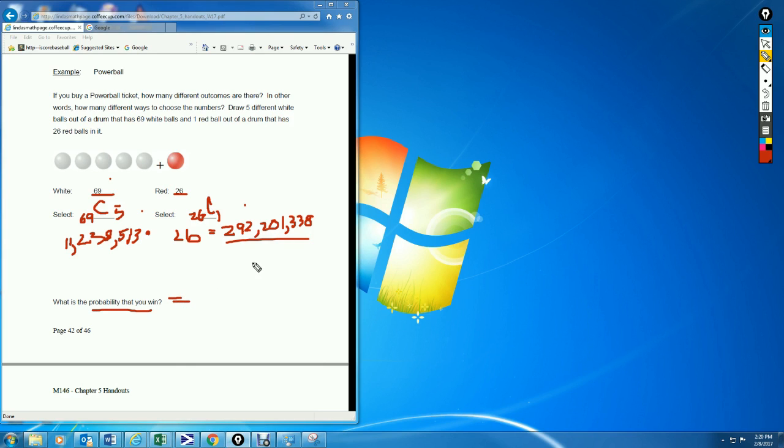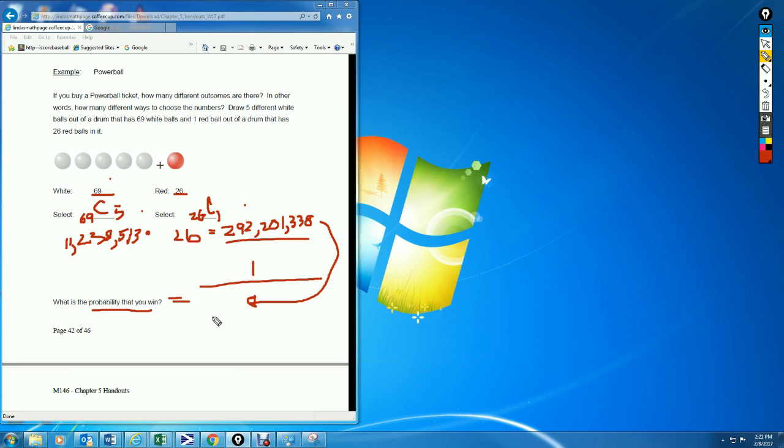Okay, so there's only one correct combination of numbers divided by this big giant number. Okay, so if you do 1 divided by that number, you should get point, and then there are 8 zeros. All right, so 0.00000000342.